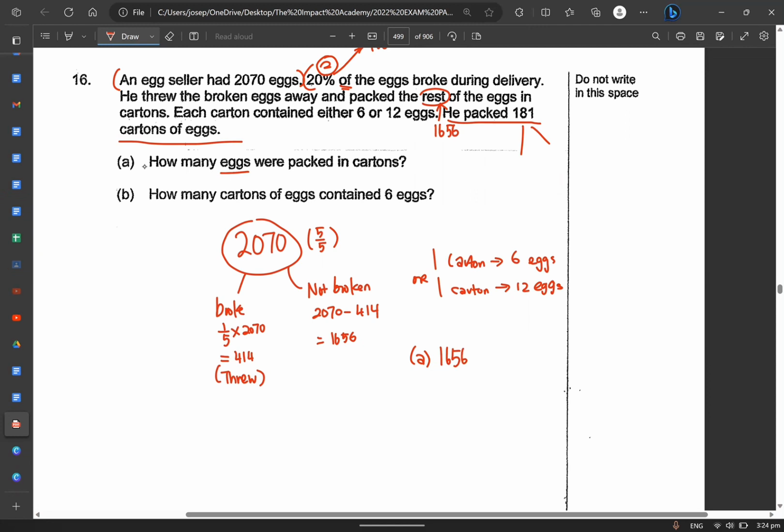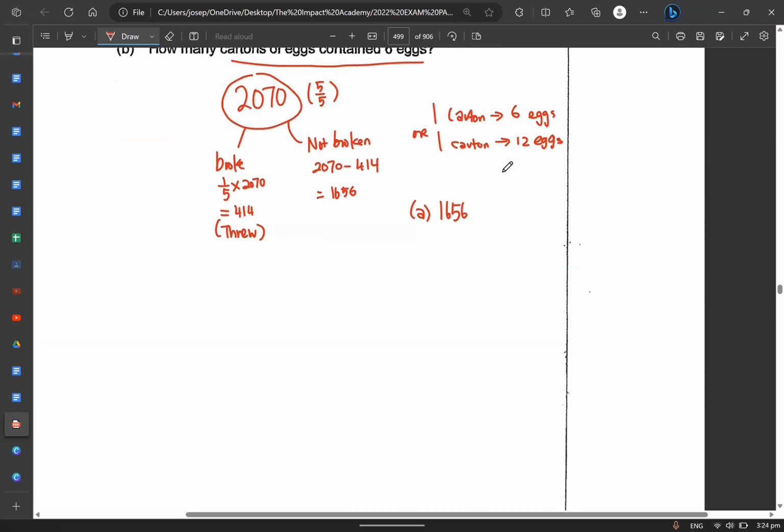We know that the answer has to be 1656. Now, the next thing you want to do is find how many cartons of eggs contain 6 eggs. So from here itself, we know that we are doing assumption. Why assumption? Because I have two possibilities. So I'm going to assume that all are cartons of 12 eggs.